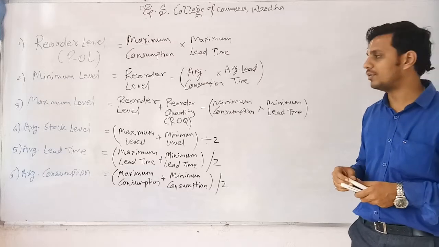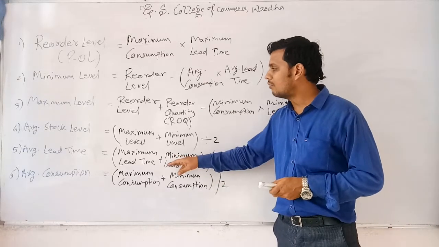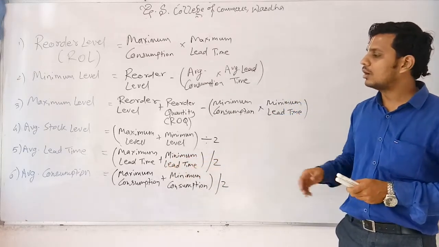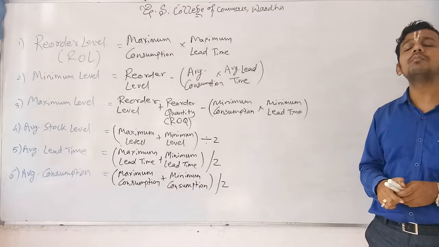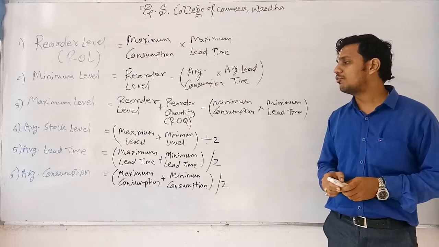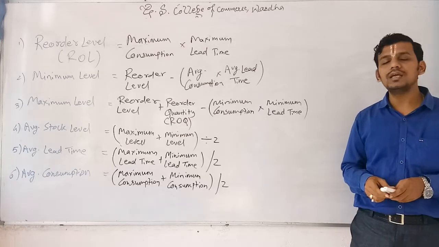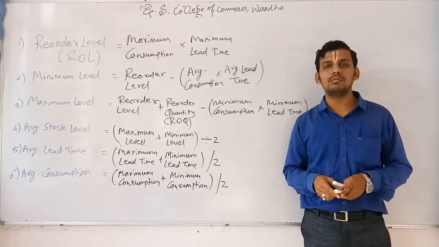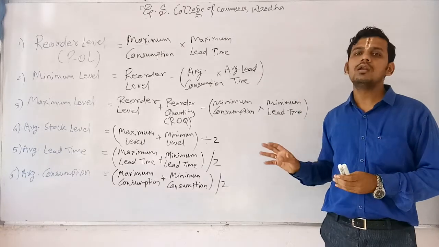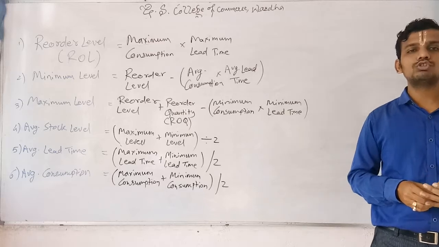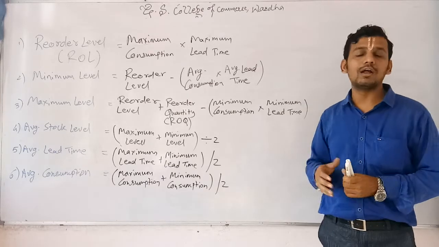Then average lead time is maximum lead time plus minimum lead time divided by 2. And finally for average consumption, the formula is minimum consumption plus maximum consumption divided by 2. This is what is related to formulas. Now we will start with a simple question related to ROL.